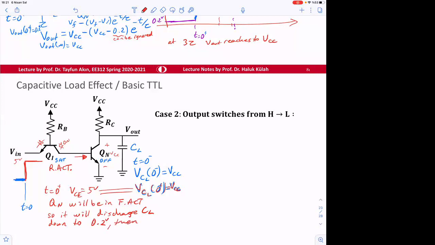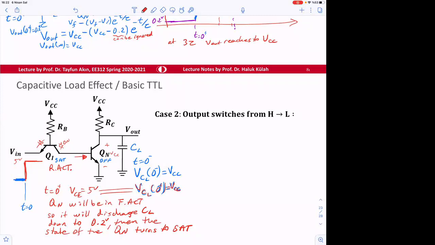Then the state of the QN turns to Sat as we expect. So that will take some time. Is that clear? Yes. Okay.